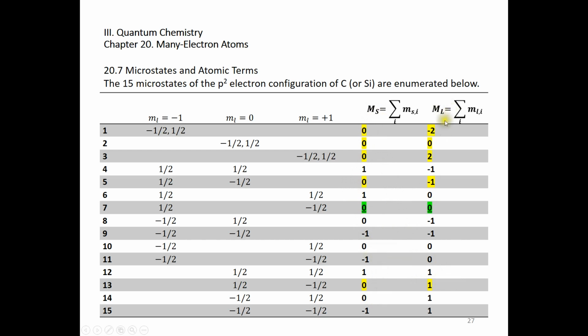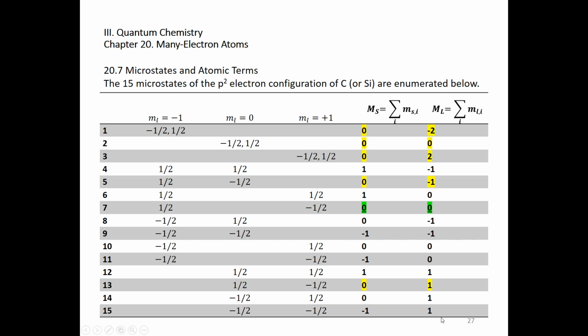M sub L again can be negative 1, 0, and positive 1. Now m sub S can be negative 1, negative 1, negative 1. M sub L can be negative 1 here, corresponding to this, and 0 and positive 1.